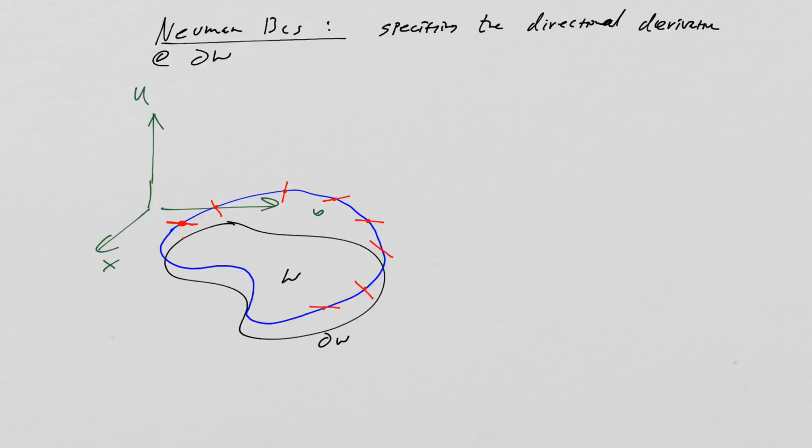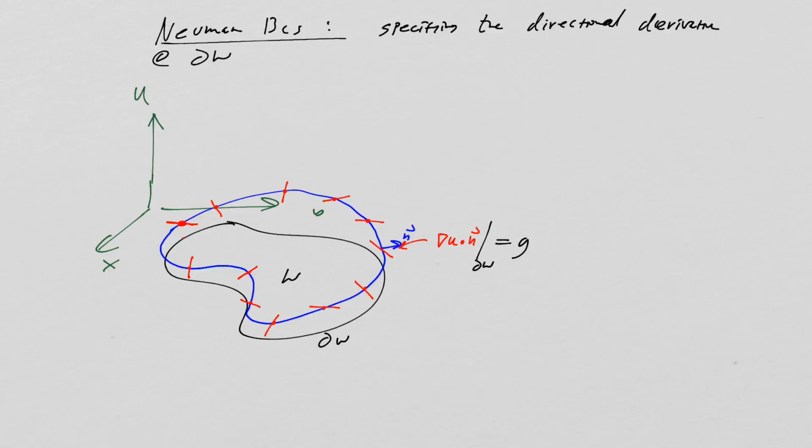And again, it's difficult to draw. I'm trying to draw that as best as I can, and basically you're saying that the gradient of u dotted with the normal, and the normal I'll draw in blue like that, n, when you evaluate on the boundary, is equal to a specified thing. So you know what the slope of the surface is as it's on that boundary.